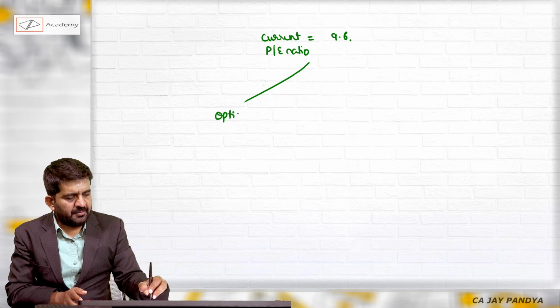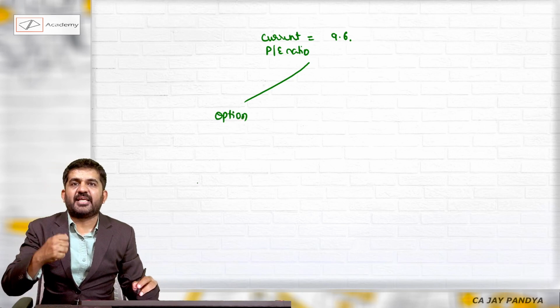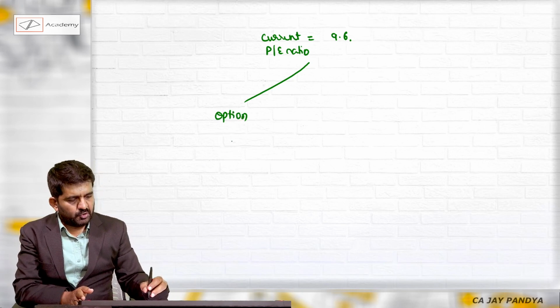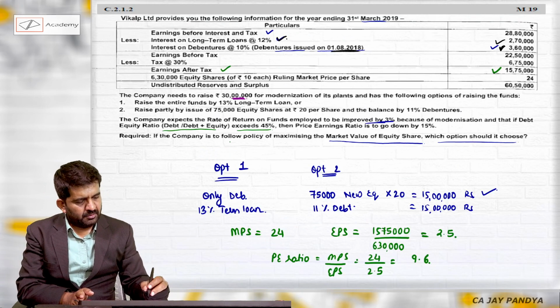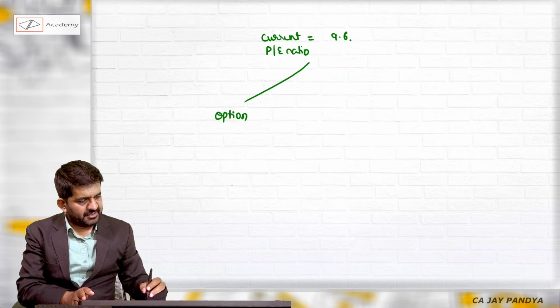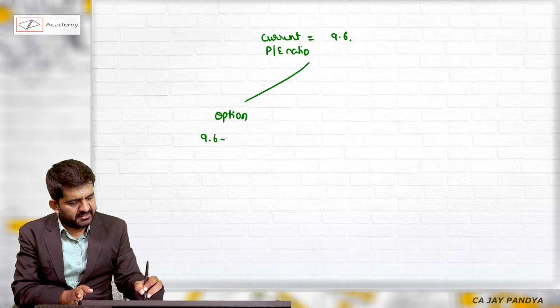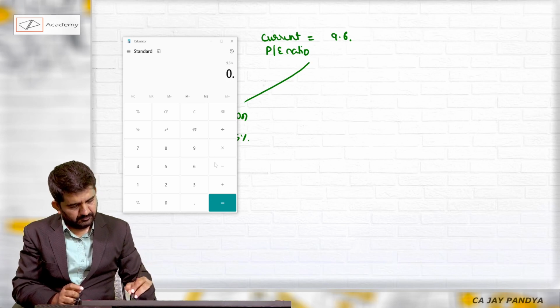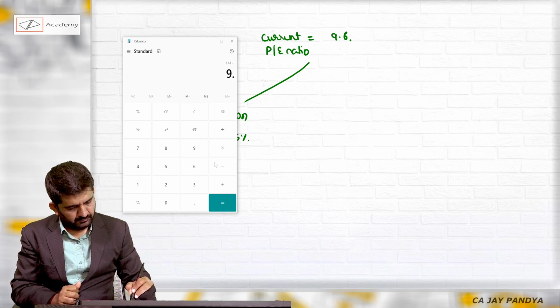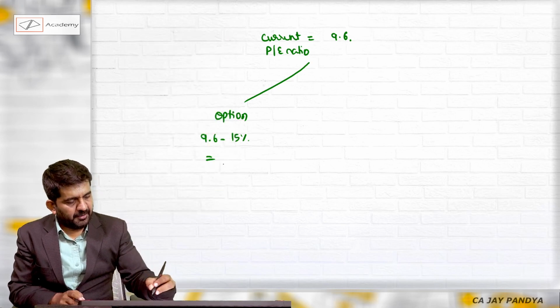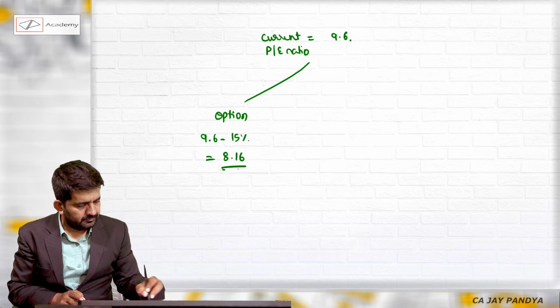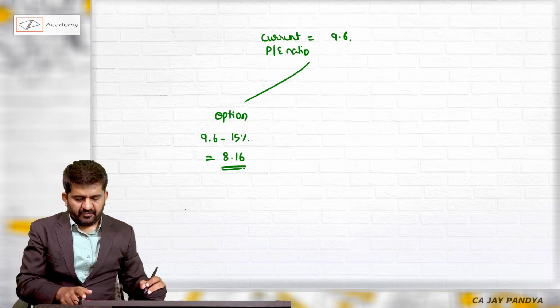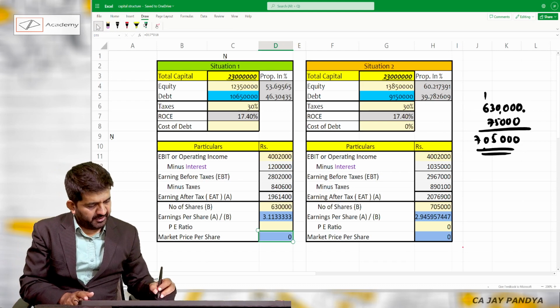In option number 1, that particular ratio is exceeding 45%, so the PE ratio will go down by 15%. 9.6 minus 15% is 8.16. So in option number 1, my PE ratio will be 8.16.